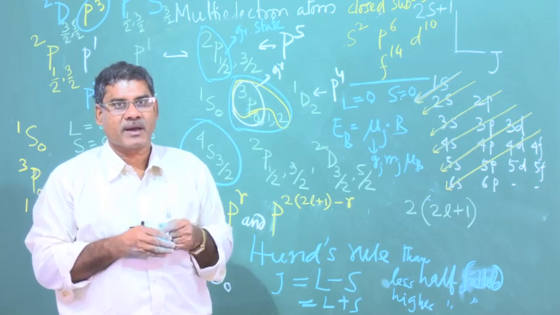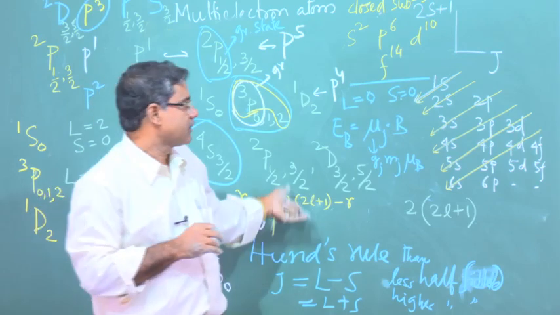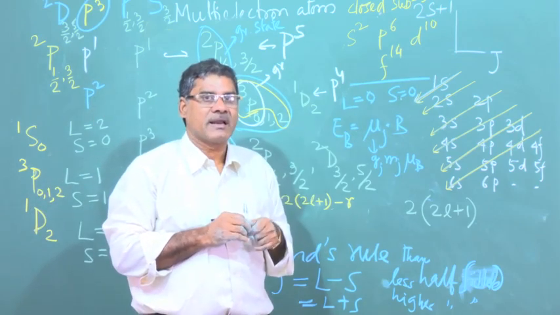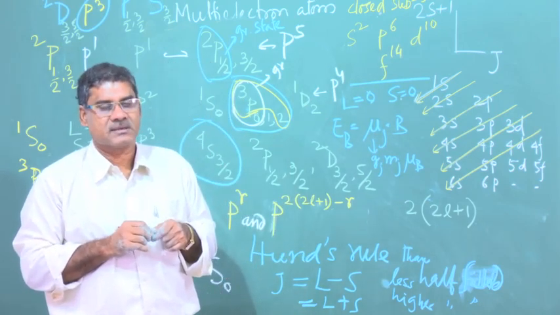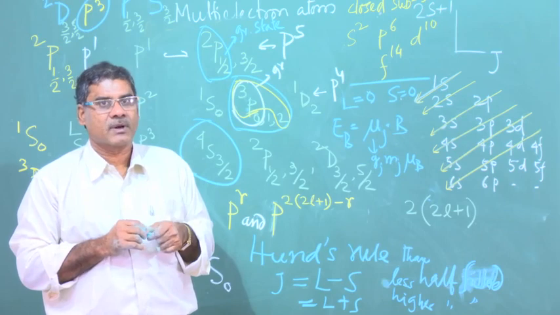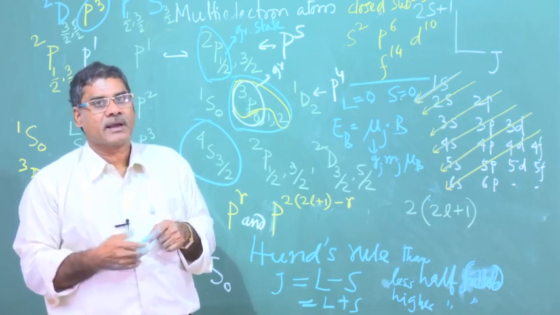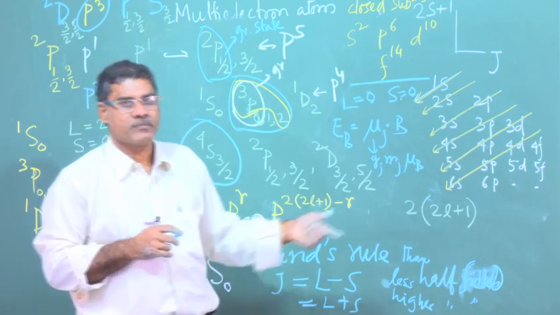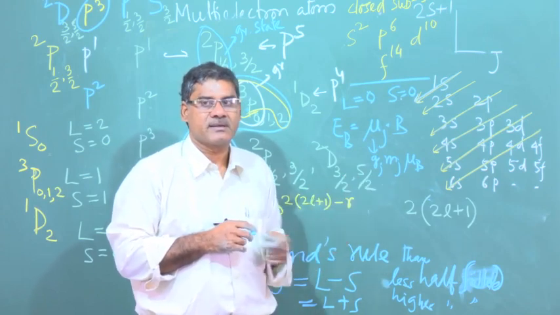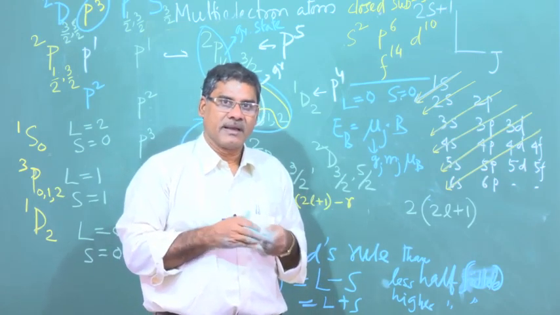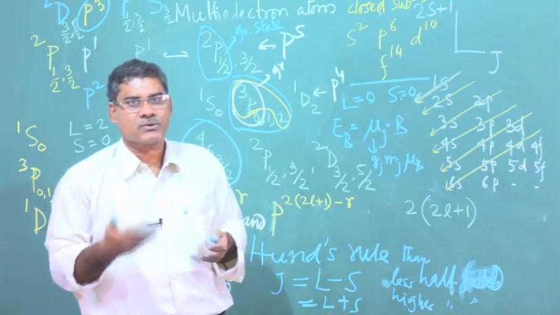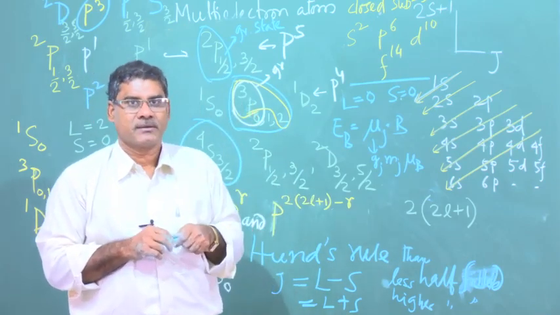If you use quantum mechanics, then all things can be explained, but there are difficulties. For a single electron it is easy, for multi-electron it is difficult, but qualitatively one can explain them; quantitatively it is difficult. So, I will stop here. Next I will try to use quantum mechanics.